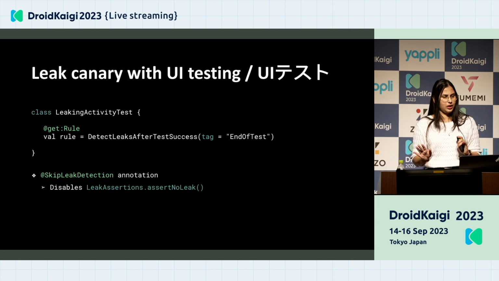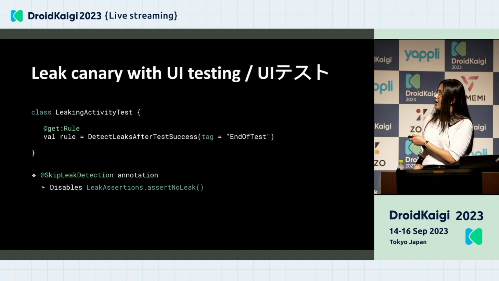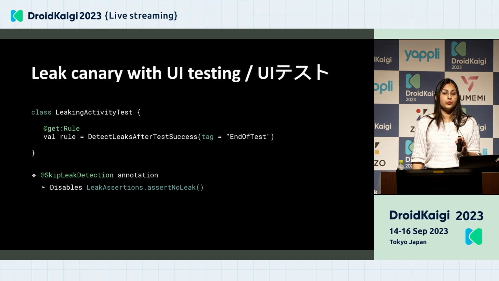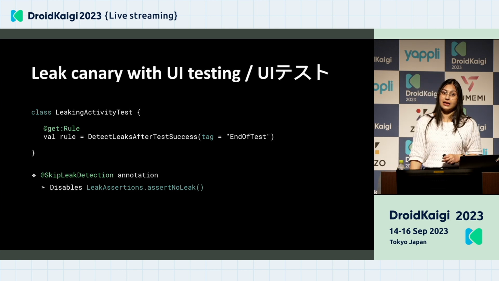That's okay. Now let's say you're working on a fix for a leak and you want to fix your CI/CD, so you can use the @SkipLeakDetection annotation. It will disable the LeakAssertions.assertNoLeak, and your CI/CD could be green. So we have added leak testing in our test classes.